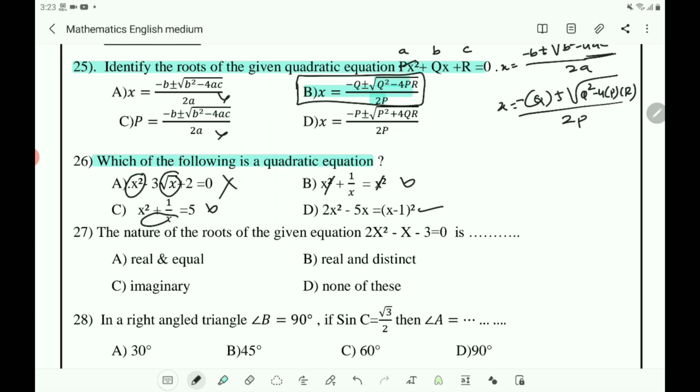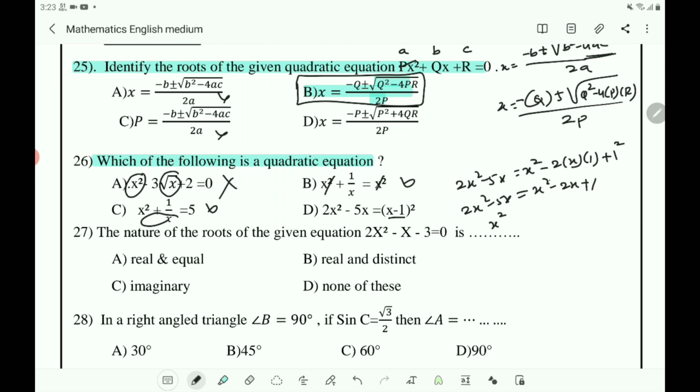And if you come to this D, simplify it to x square minus 5x. Here you expand by using the identity a minus b the whole square. x square minus 2 into x into 1 plus 1 square. Then it is x square minus 2x plus 1. 2x square minus 5x you will get. And here what happens? 2x square is there, x square is there.